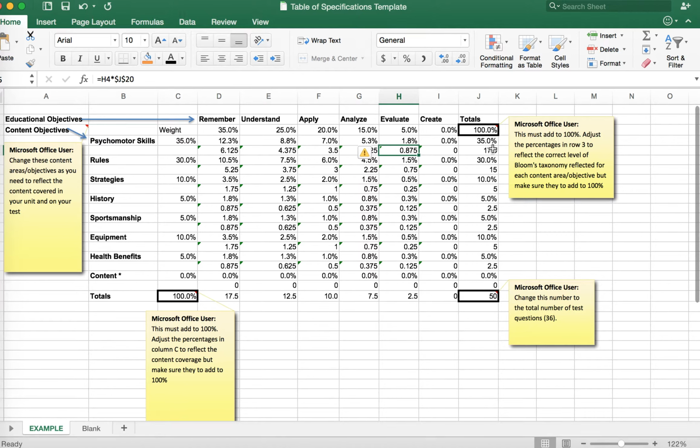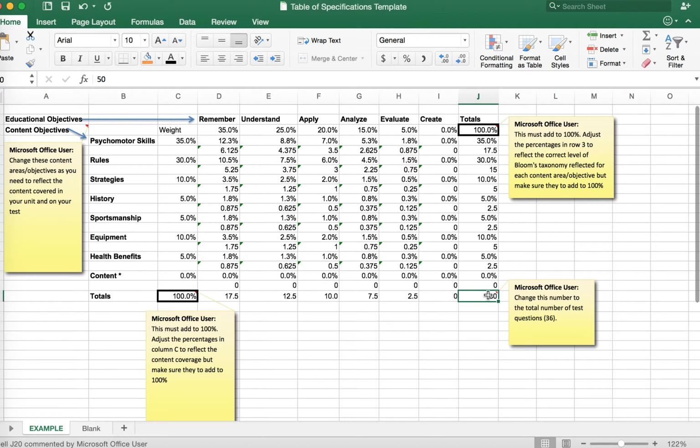So that's totaling about 18 questions, or 35% of our 50 questions, that are going to fall into the psychomotor skills column. For rules, you'll have a total of about 15 questions. Strategies 5, history 2.5, sportsmanship 2.5, equipment 5, and health benefits 2.5.